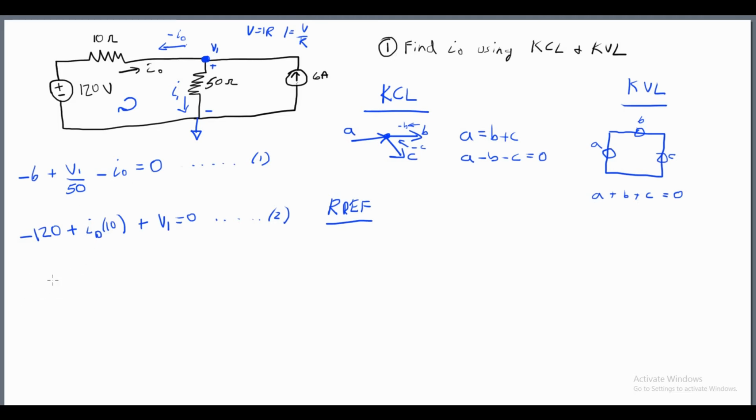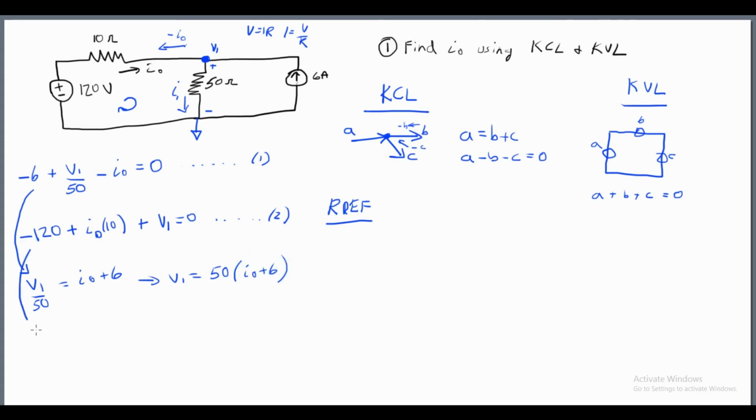So V1 over 50, just pulling this equation down here, is equal to I0 plus 6. So V1 is equal to 50 times (I0 plus 6). So now I have an equation for V1.